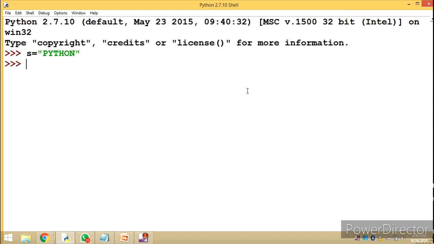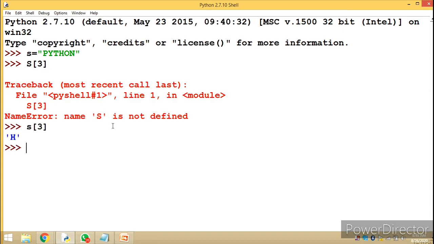Now if I say s index 3, what output will you get? H. Very good. So we say S3, and you are getting the value H.